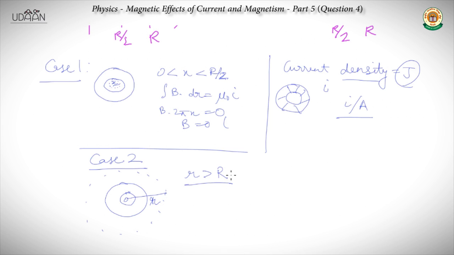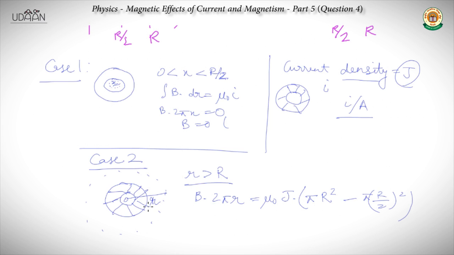So B into 2 pi r, because it will be uniform, we can directly write this, equals mu naught into I. I will be the current carried by it, so this will be J into (pi R squared minus pi (R/2) squared), which is basically this area.